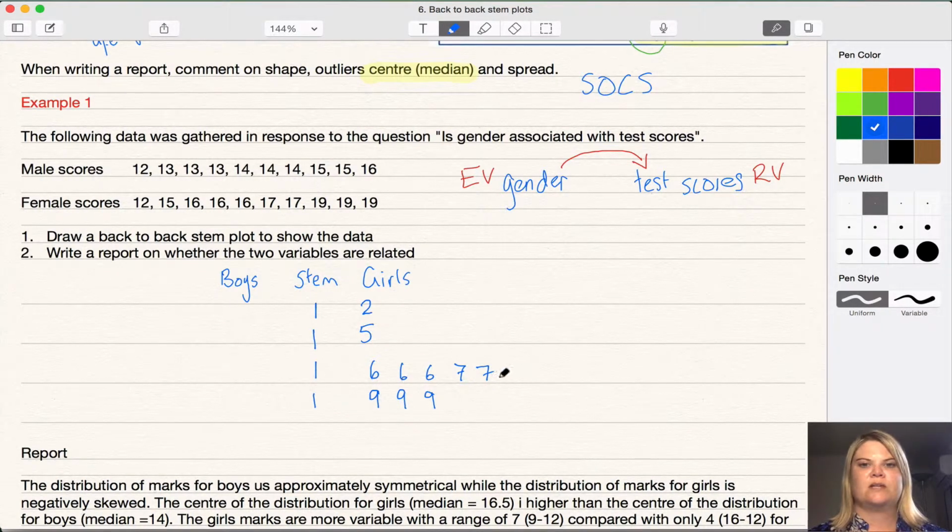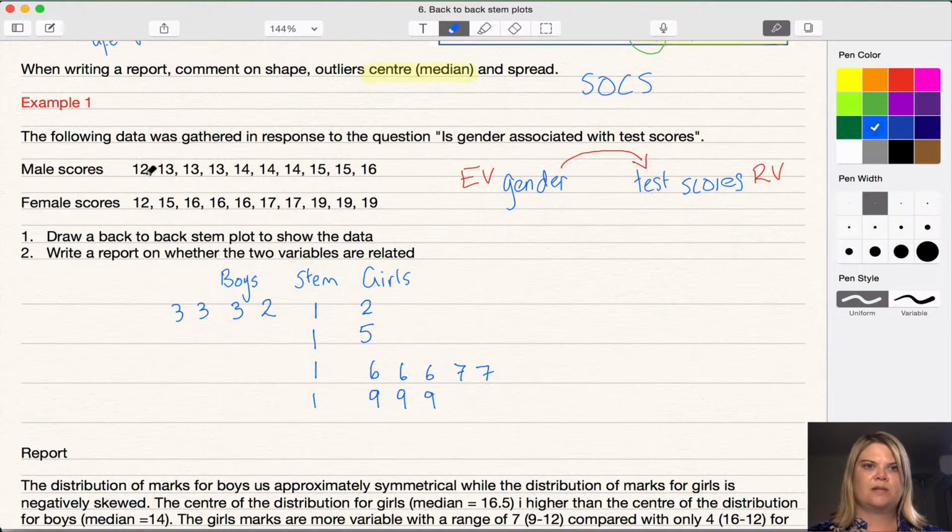Then I've got 16, 17, and because we've got 16, 16, 16, we end up with 6, 6, 6, which is interesting, and 7, 7 for 17 and 17. Make sure you've got gaps in between these, so it doesn't look like 67. And then at the end we've got 19, 19, 19, 9, 9, 9.